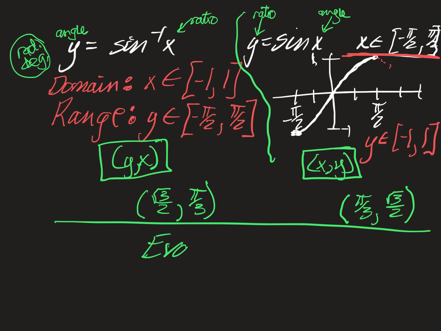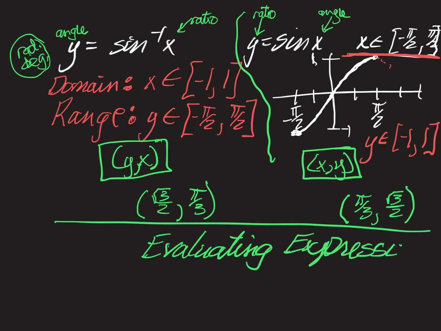All right? Now, the other issue with inverse sine, and this is where we're going to start to talk about evaluating expressions, okay? That contain both an inverse function and a trig function, okay? An inverse trig and a trig, or more than one of those. When you start to evaluate those expressions, keeping in mind this idea about the angle and ratio is really important.